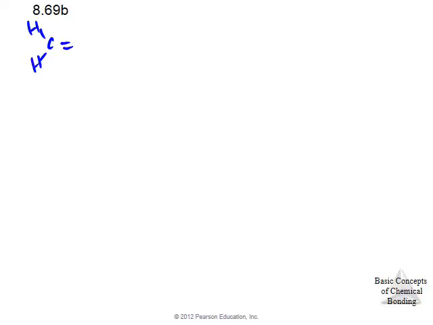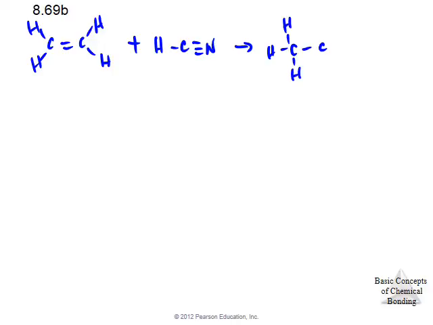CH2 double bond CH2 plus HC triple bond N, that gives CH3, that's the methyl group, and then CH2, and then you have C triple bond N. Let me double check whether I copied everything right. You should also double check.